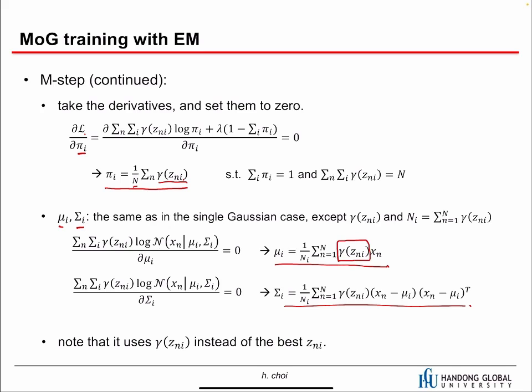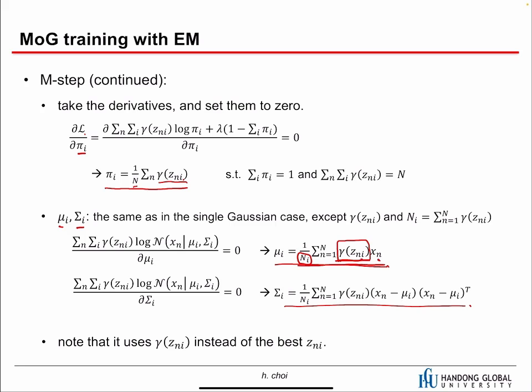So in single Gaussian, when we use the maximum likelihood estimator, the mean is the average of samples in the cluster, so n sub i. But in this case, we have a responsibility term: how much this x belongs to cluster i.